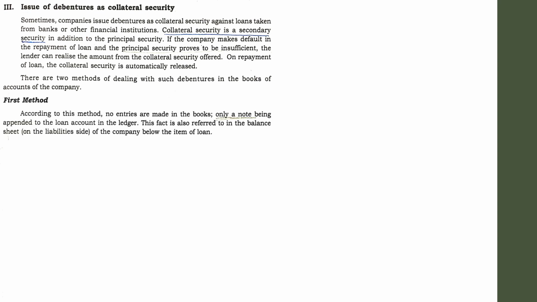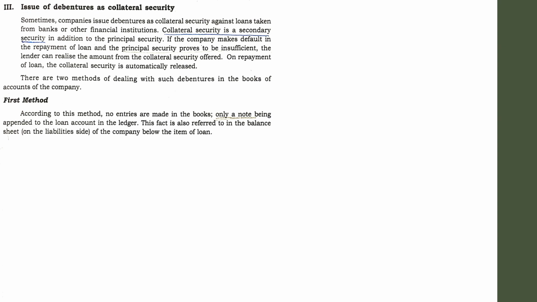The first method is a very simple method. According to this method, no entry is made in the books, only a note is appended to the loan account in the ledger. This fact is also referred to in the balance sheet on the liability side of the company below the item of loan.